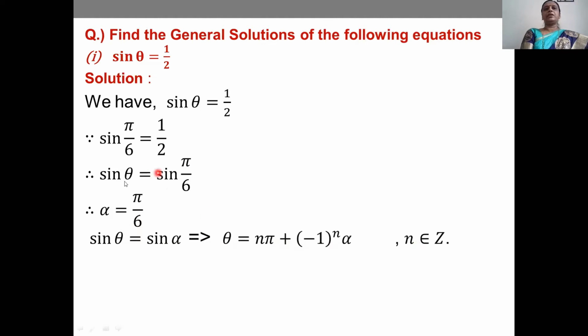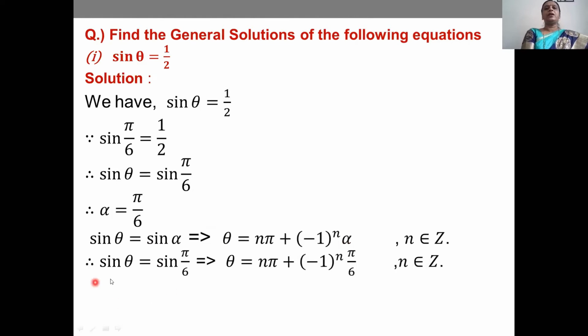If you compare this equation with that equation, alpha is pi by 6, so in the formula we have to put only the value of alpha.